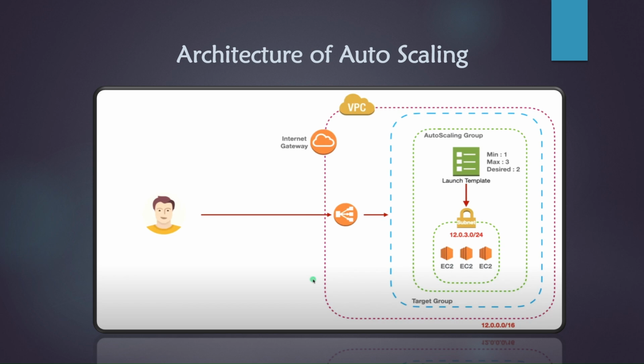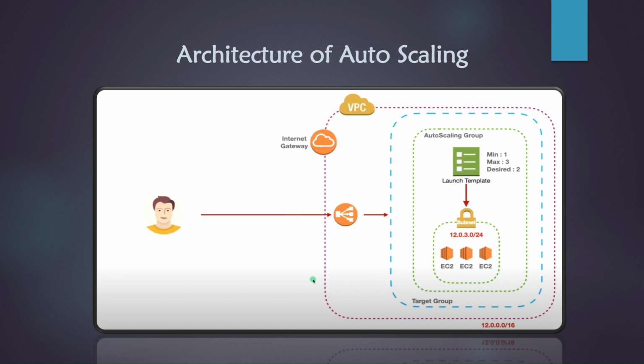So the next thing is architecture of auto scaling. In this target architectural diagram, which we are seeing on the screen, which is implemented in this session, auto scaling, as the name suggests, means it auto scales or auto creates EC2 instances in our AWS environment.